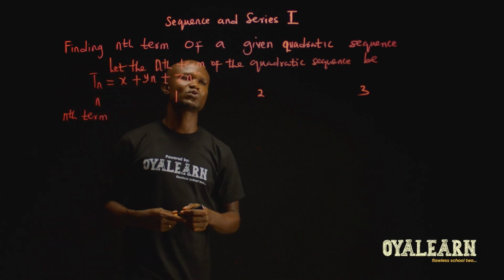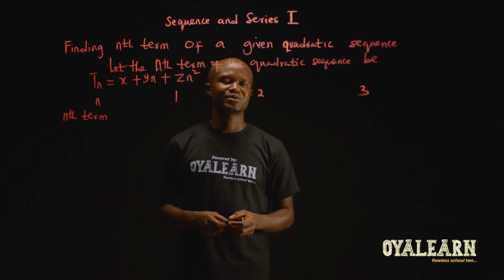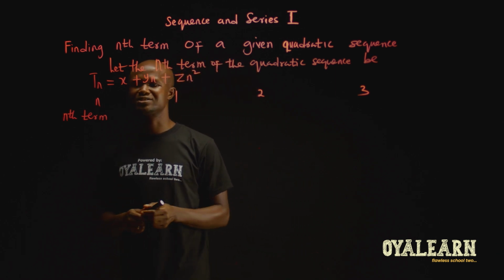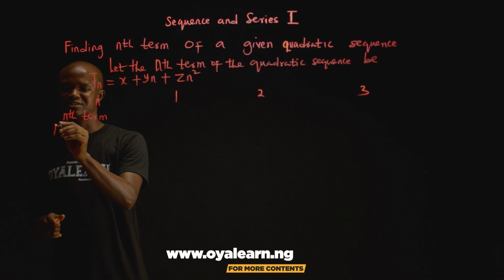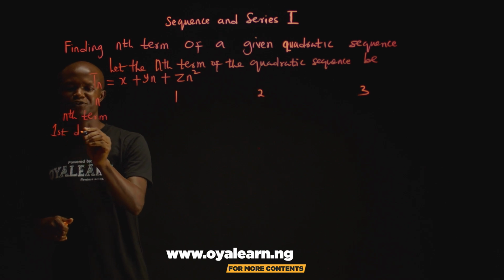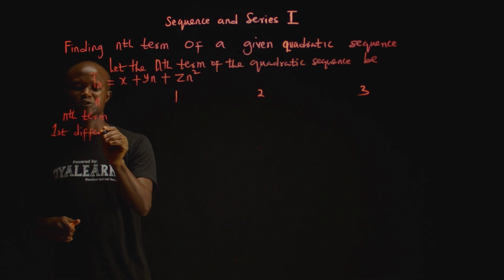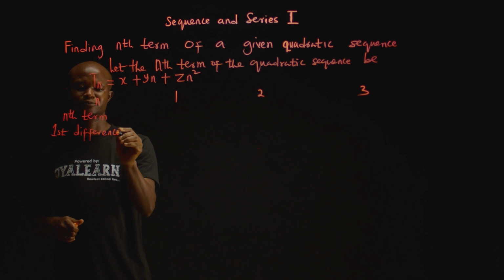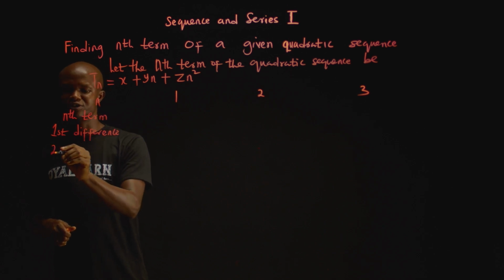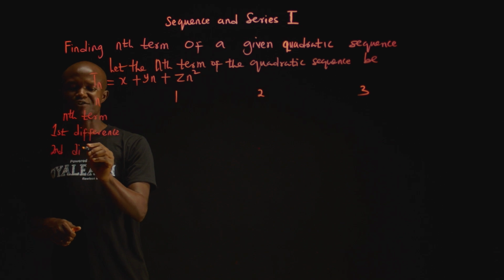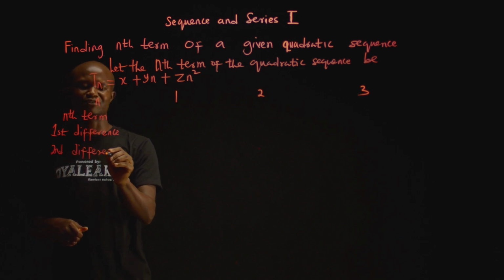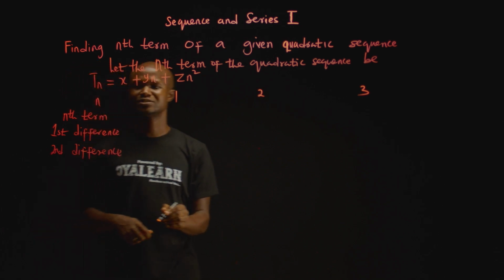For a quadratic sequence, we are going to have two differences. So we have the first difference, and the second difference. Why? For a linear sequence we have just one difference.